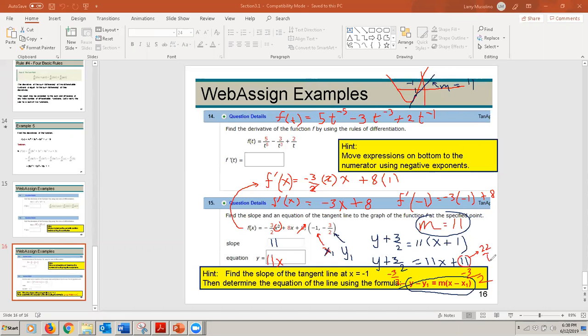So now I need 22 over 2, subtract 3 over 2. Again, the only reason I changed 11 to 22 over 2 is to get the same denominator so I can subtract these two quantities. 22 subtract 3 is 19, so that looks like 19/2. So this is the equation of the tangent.